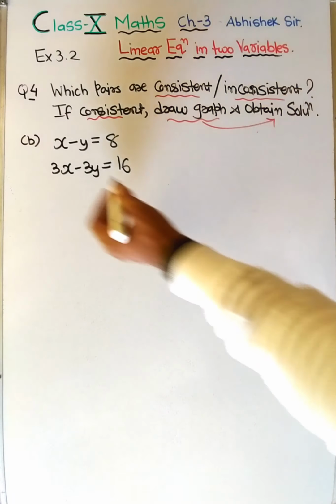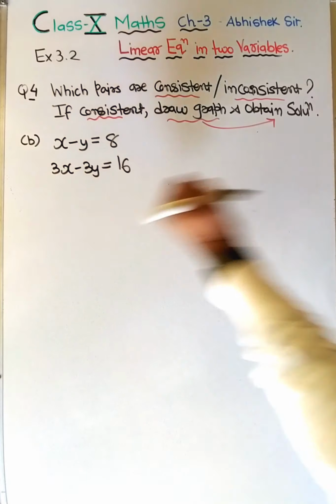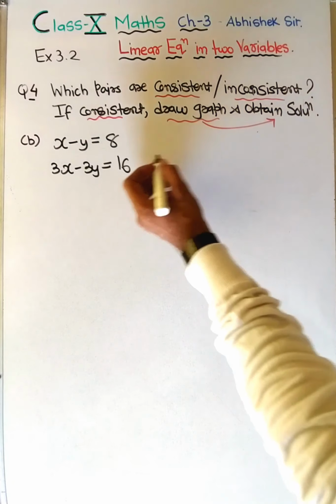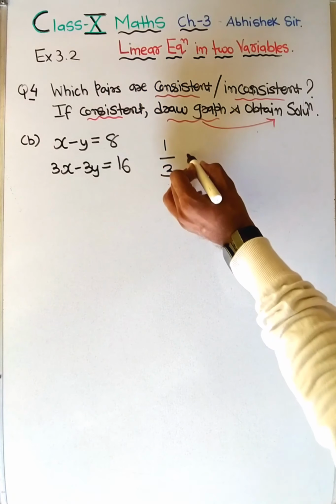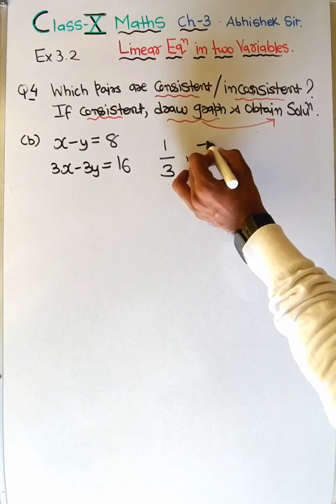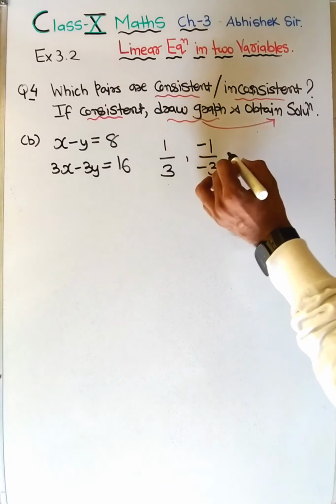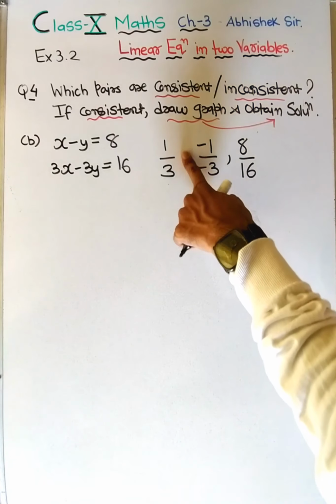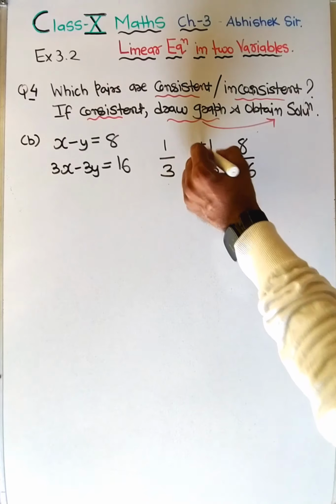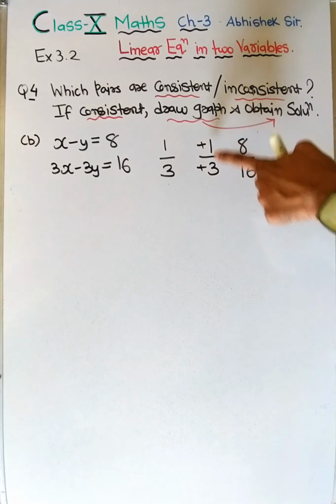Second pair of equations: x minus y equals 8, 3x minus 3y equals 16. So writing A1 by A2, that is 1 upon 3, B1 by B2 is minus 1 upon minus 3, and C1 by C2 is 8 upon 16. So if you see, we can over here change the sign.